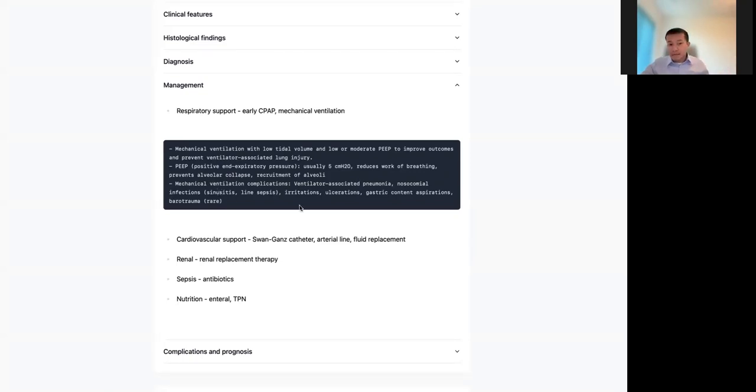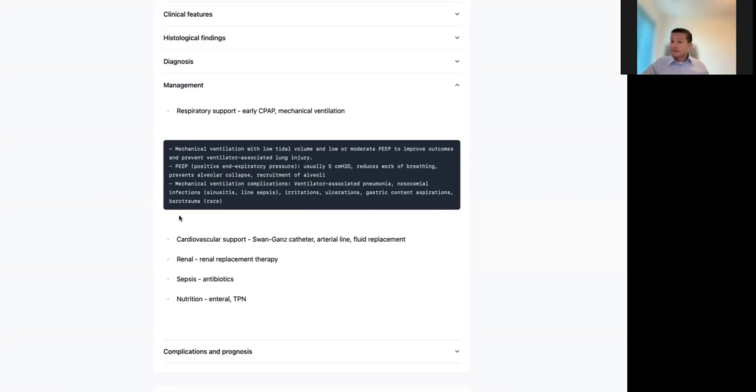While we are talking about mechanical ventilation, we'll talk about complications as well. The patient can end up having ventilator-associated pneumonia or nosocomial infections, which are acquired inside the hospital, like sinusitis, line sepsis, etc. Irritations if left for days and weeks, ulcerations, gastric content aspiration, and barotrauma.